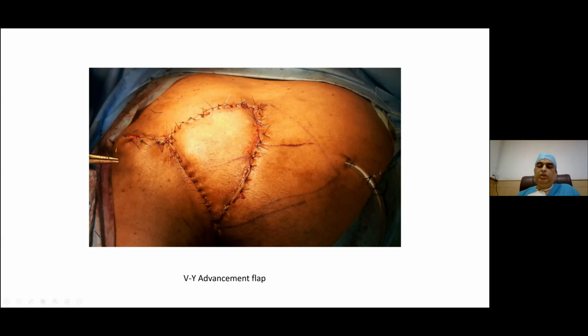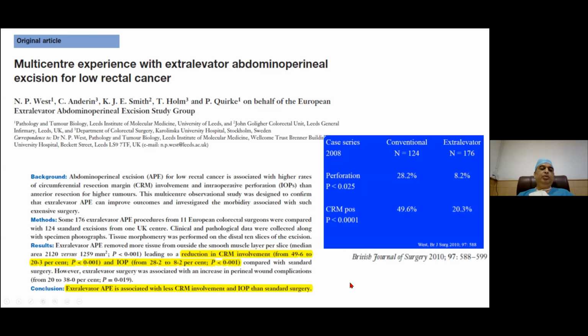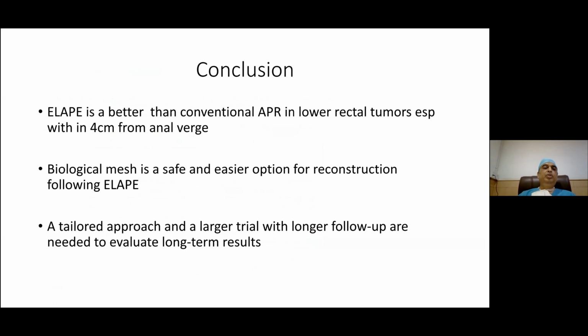You might need to repair it. So this is the data which was published in 2010. It has shown that extralevator APR is associated with a lower CRM positivity rate and intraoperative perforation, and it decreases the local recurrence rate. So to conclude, ELAP is better than conventional APR, and the biological mesh is safe for reconstruction.